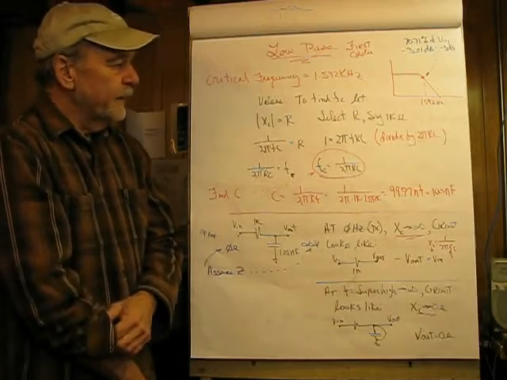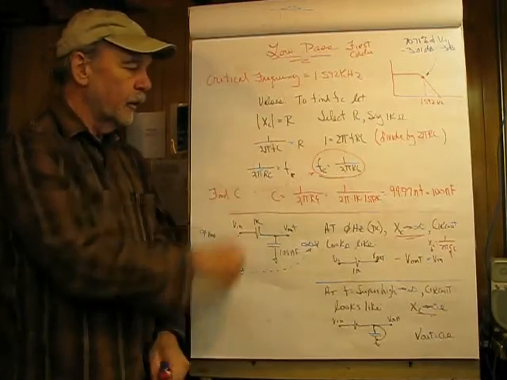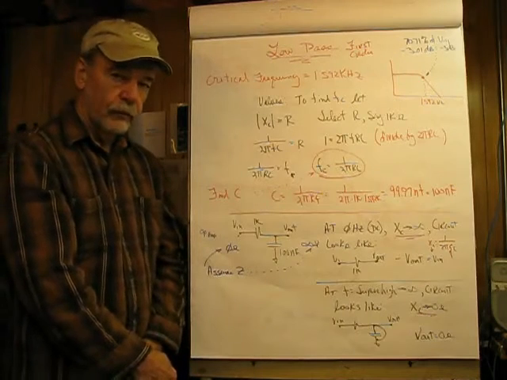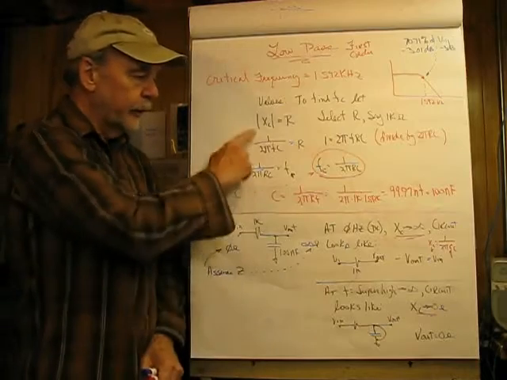So to find that critical frequency, we set the magnitude of the capacitive reactance, and I'm using absolute value symbols here to specify magnitude, so we're not dealing with any angles.